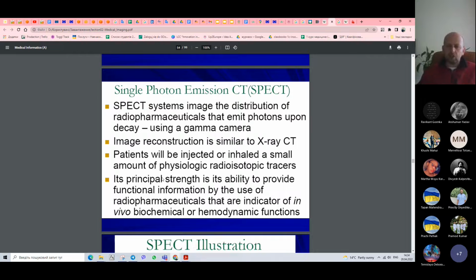The patient will be injected with or inhale a small amount of physiologic radioisotope tracers. Its principal strength is the ability to provide functional information by the use of radiopharmaceuticals that are indicators of in vivo biochemical or hemodynamic function.